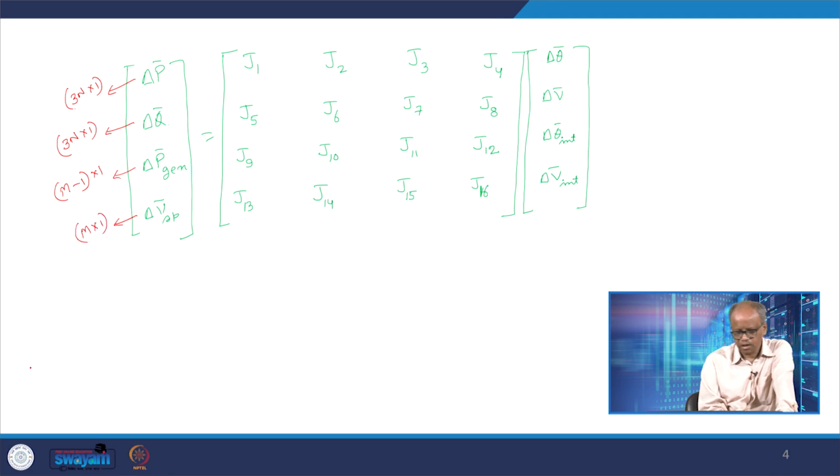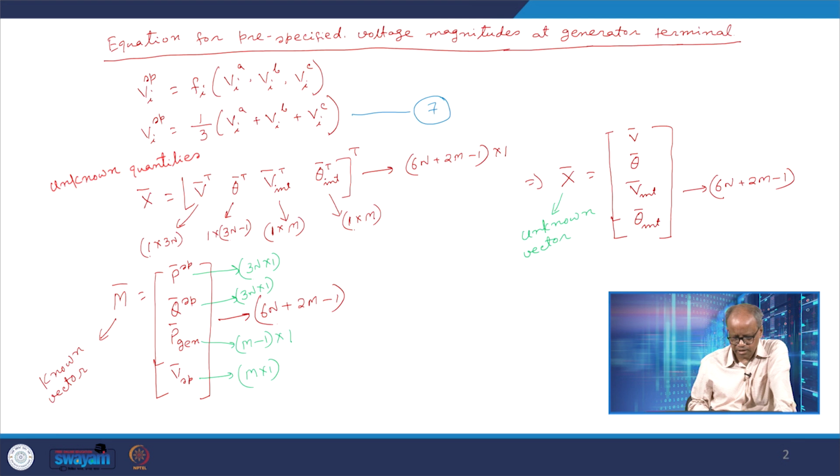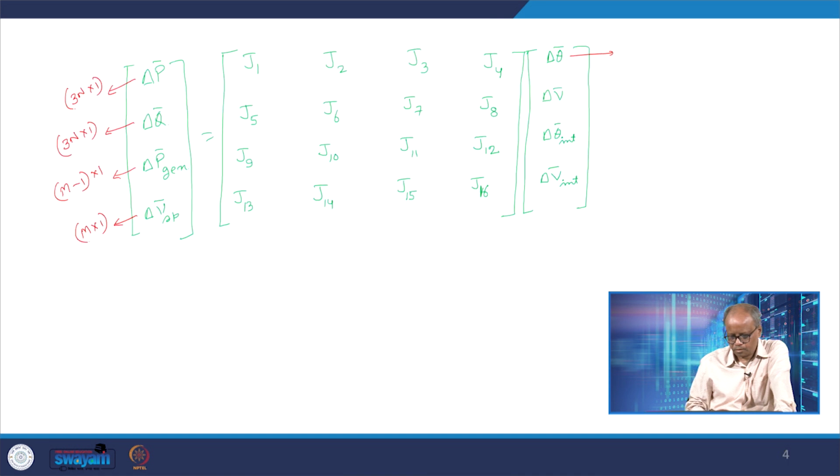For theta, we have already explained that this has a dimension of 3n minus 1 cross 1. Why is it 3n minus 1? Because what are these theta angles?